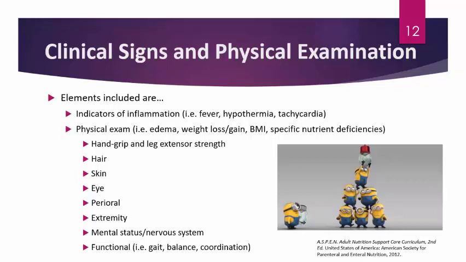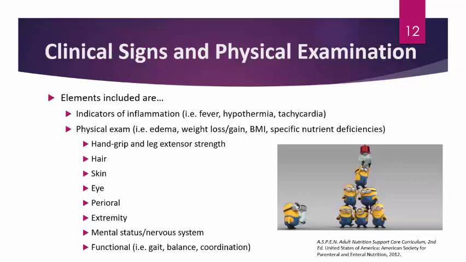In your physical exam, you may see patients have edema from a loss of total body protein or albumin. You may see weight loss or weight gain in terms of their weight loss or weight gain history. You might want to check a BMI. Are they actually underweight?